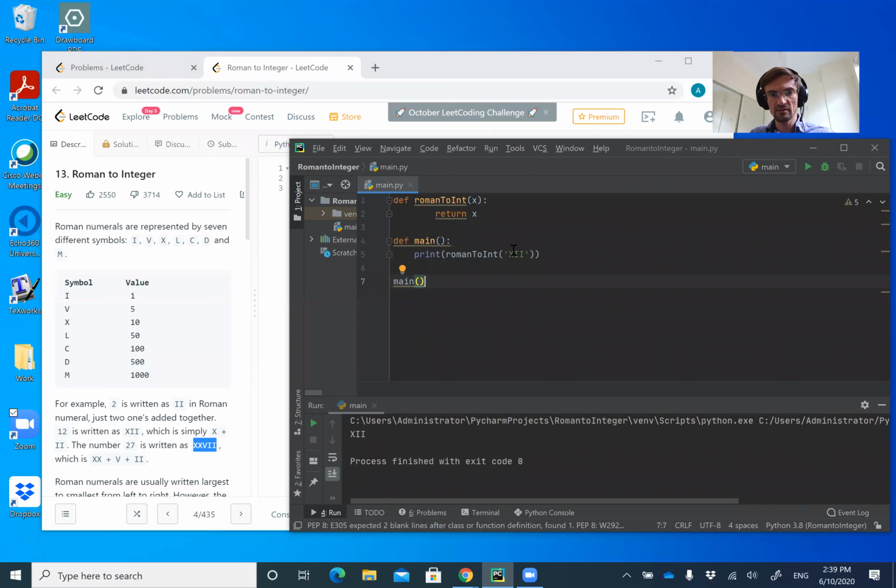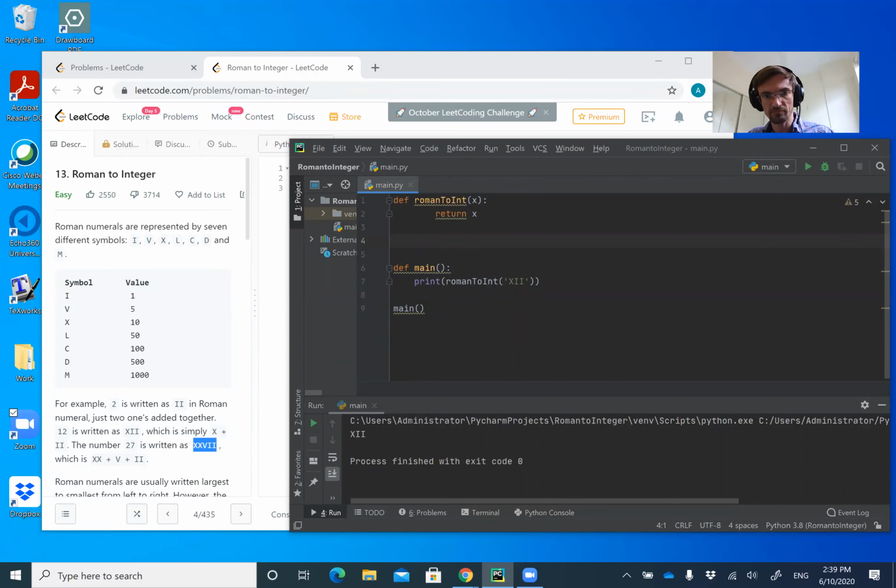So I wrote a small intro here. If we have an example, VII, what would you do? You do a for loop.